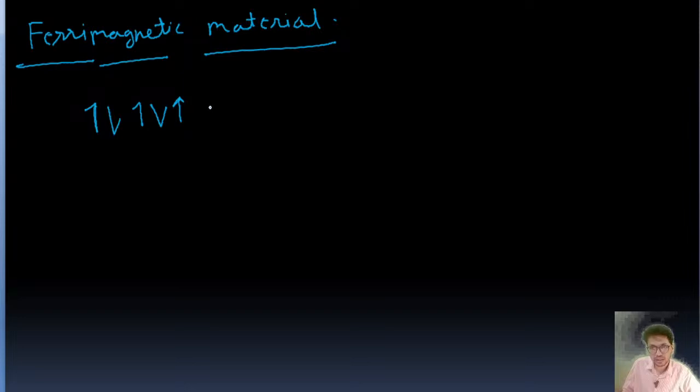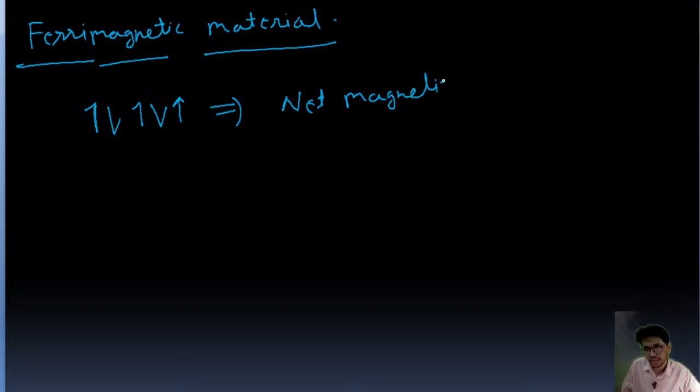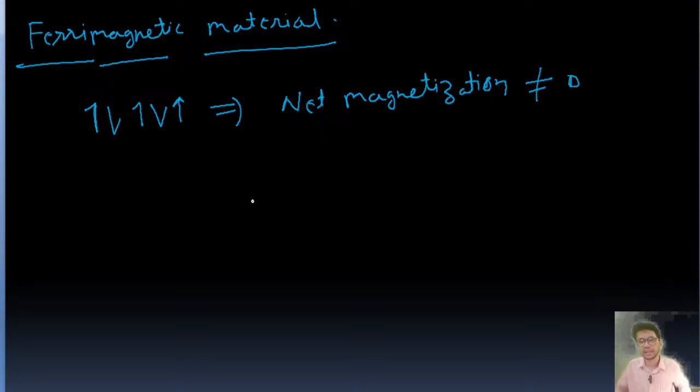Here the net magnetization is not 0. Net magnetization is not equal to 0 in the case of ferrimagnetic material. Okay, net magnetization is not equal to 0.